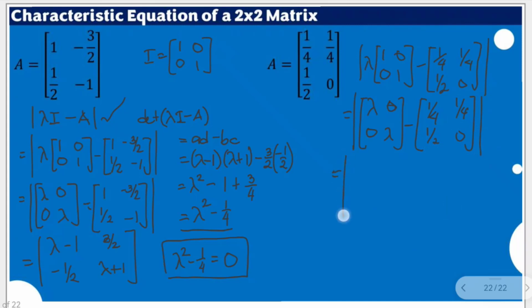So when we combine them, lambda minus 1/4, that's your first entry. Your next entry, 0 minus 1/4, so you have negative 1/4. Then you will have 0 minus 1/2, so negative 1/2. And then you will have lambda minus 0, so you have lambda here.